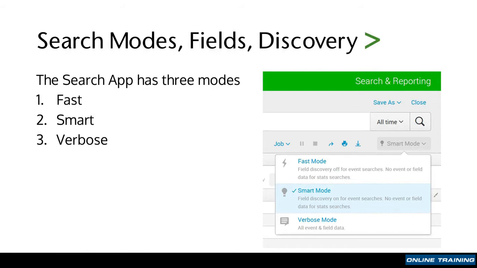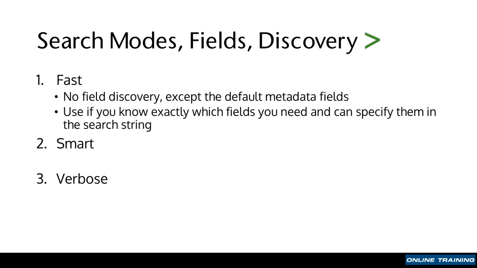As we've seen before, the Search app has 3 modes, and you can select the mode right under the time picker in the search bar. Splunk has Fast Mode, Smart Mode, and Verbose Mode. In Fast Mode, no fields are discovered except the default 3 metadata fields that we talked about.